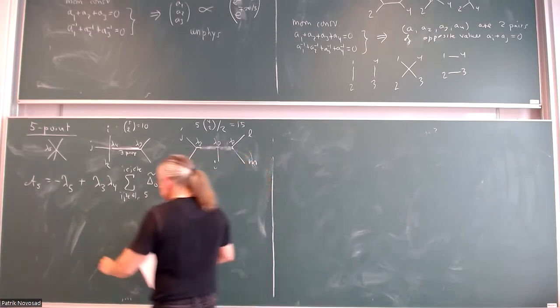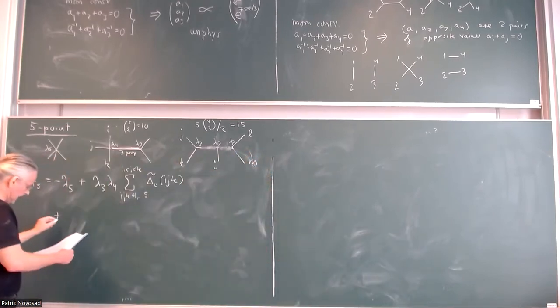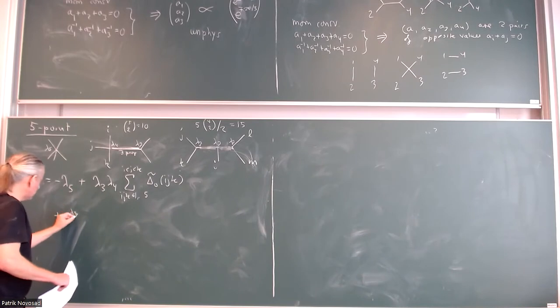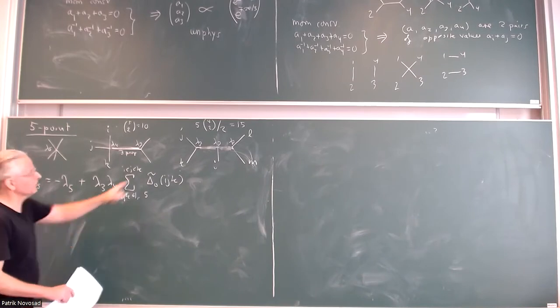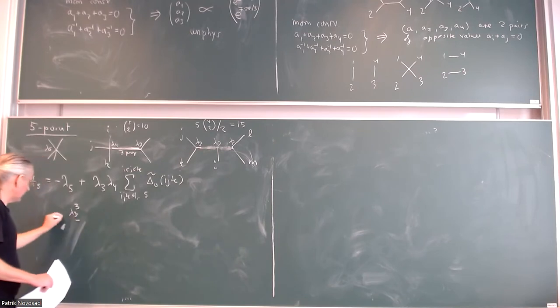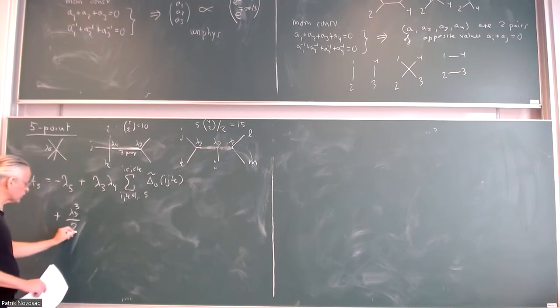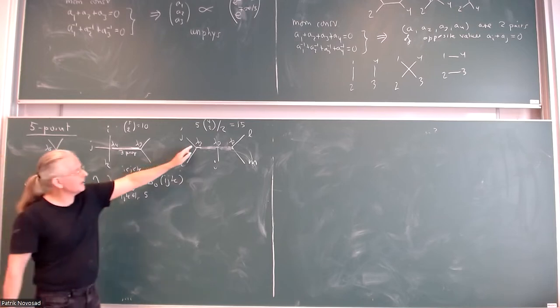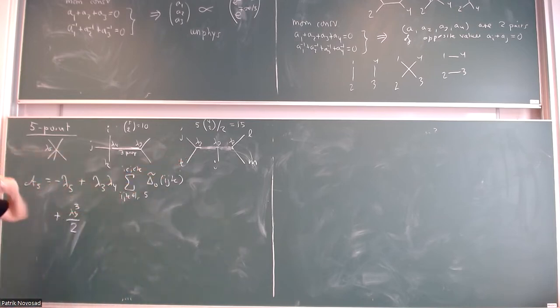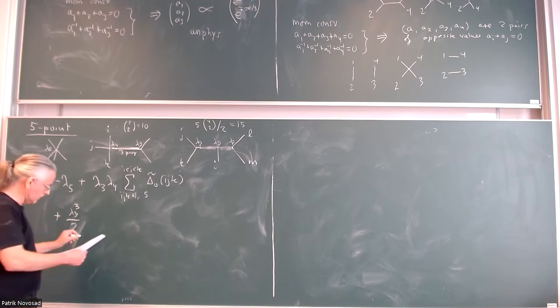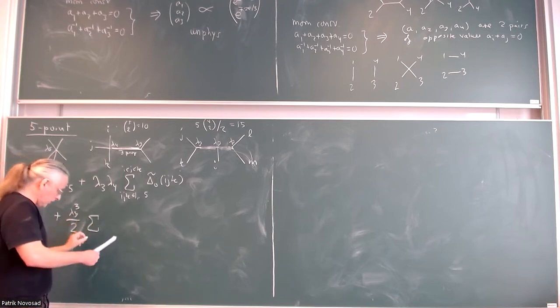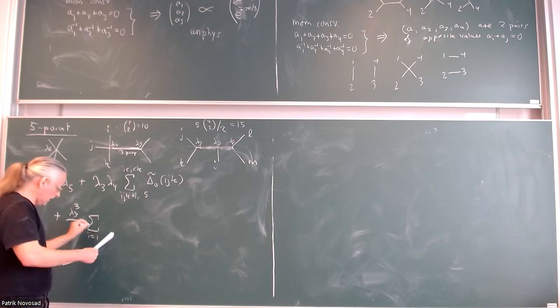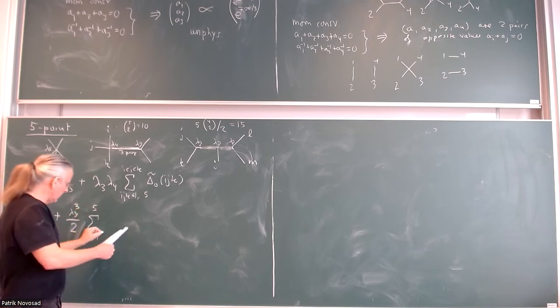I think I have no space here. It would be lambda 3 cubed because there are now 3 vertices, and then divided by a symmetry factor. This is the first time we see the symmetry factor, because this diagram actually has symmetry. So we need to divide by 2 here, and then we sum over I equal 1 to 5.